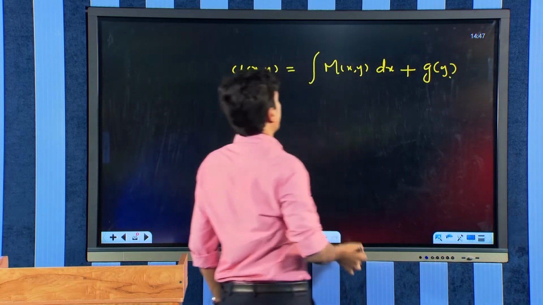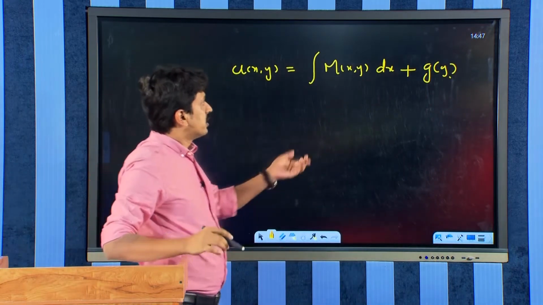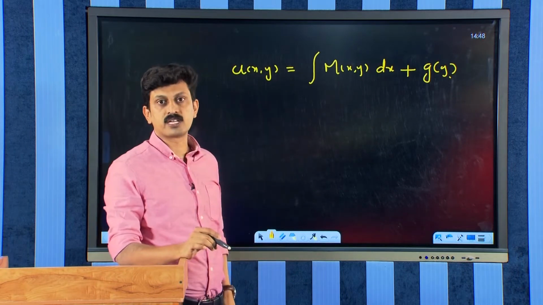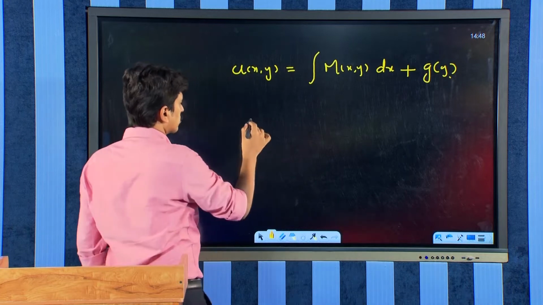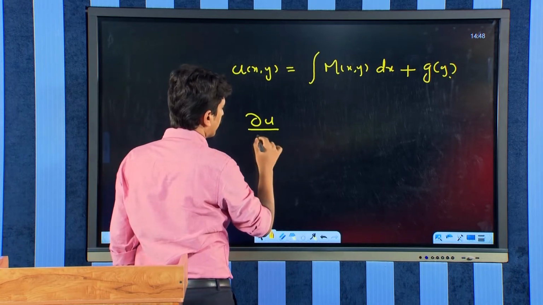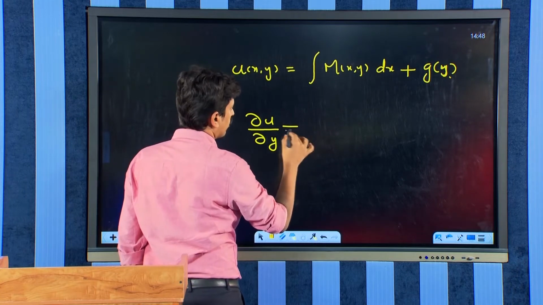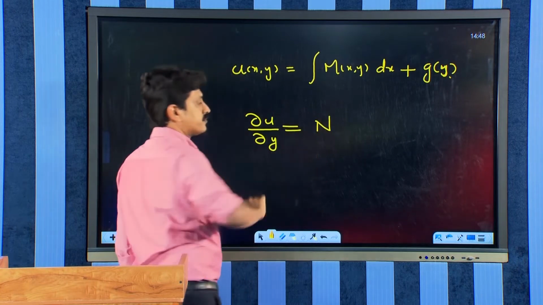After finding this, we differentiate u(x,y) partially with respect to y, so we find ∂u/∂y, and we equate this with N.